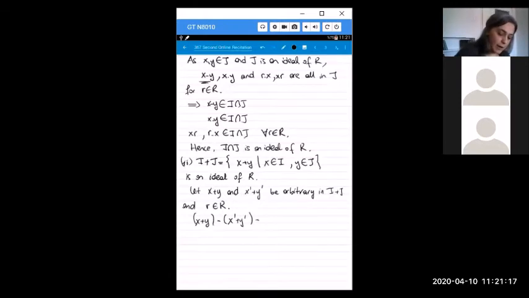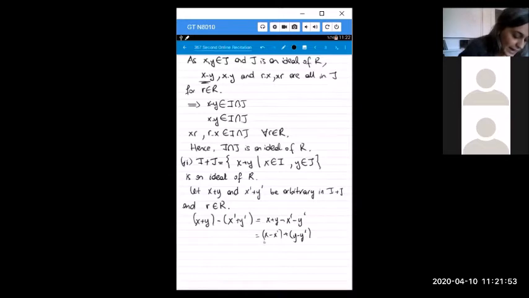And we can use the fact that R is an abelian group with respect to addition. Using associativity, we get rid of the parentheses: x plus y minus x prime minus y prime, and we can write this as x minus x prime plus y minus y prime, because R is an abelian group with respect to addition.